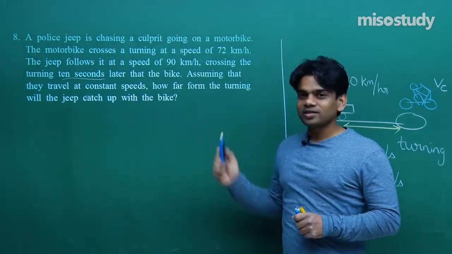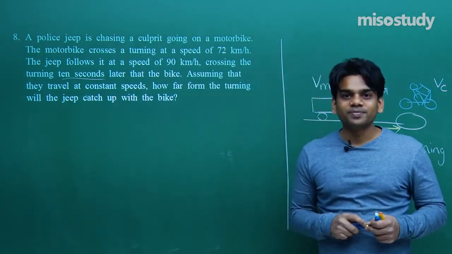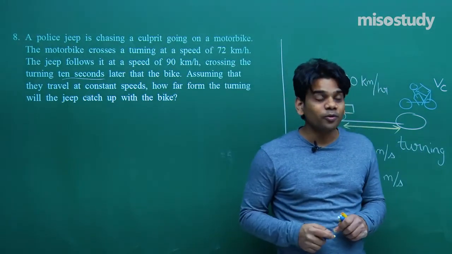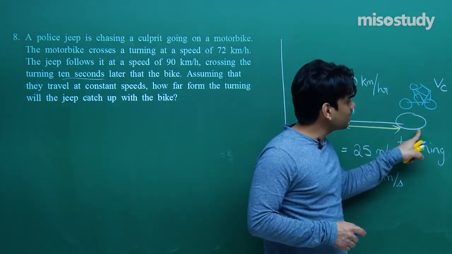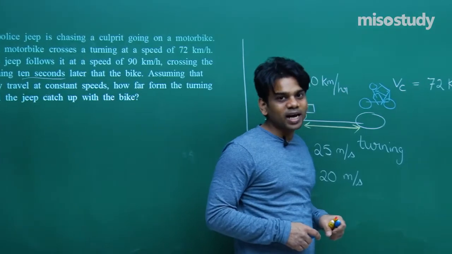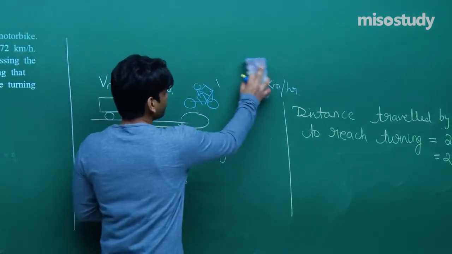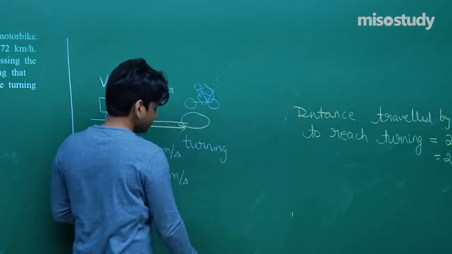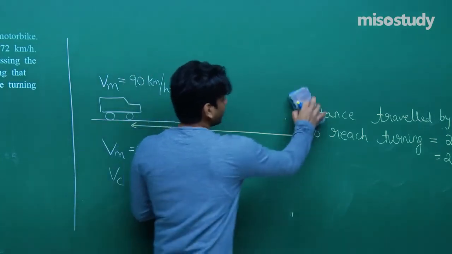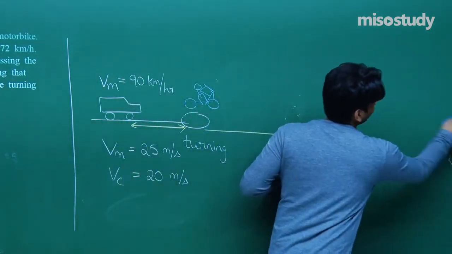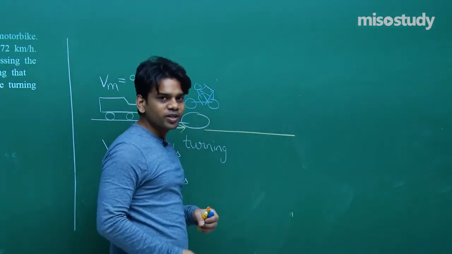Assuming that they travel at constant speeds, how far from the turning will the jeep catch up with the bike? How far from the turning? They are moving at constant speed. Now, at the turning, how far would the policeman have to travel to catch the thief? Till the time the policeman has reached here in 10 seconds, this thief would have traveled further ahead.